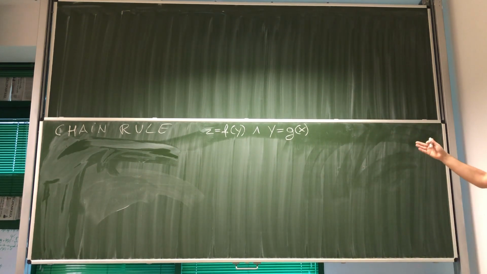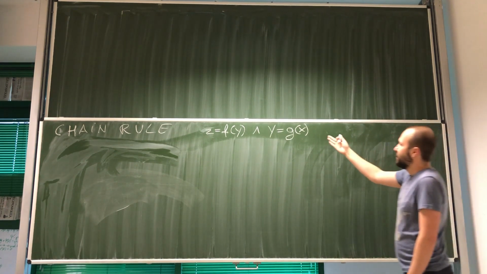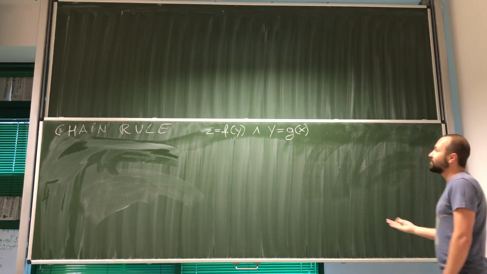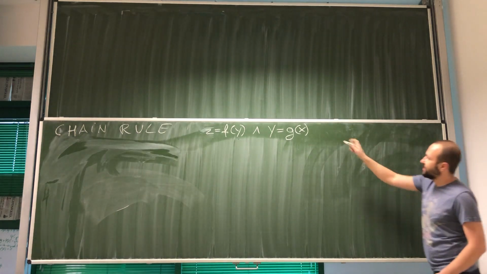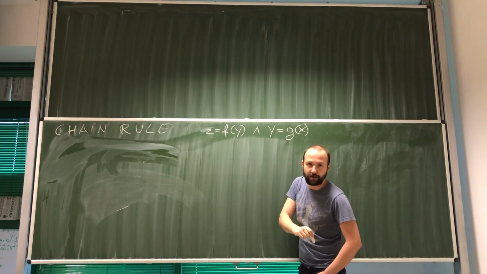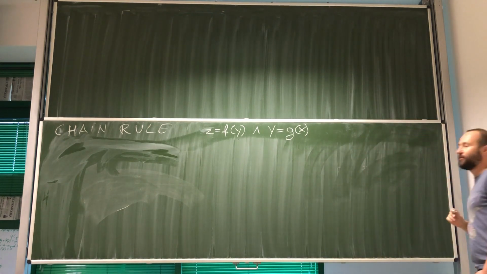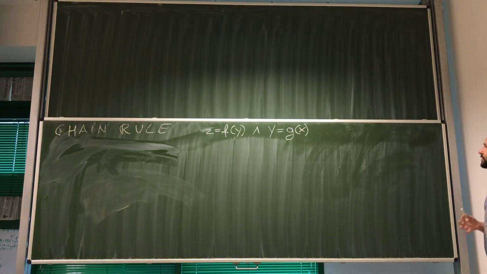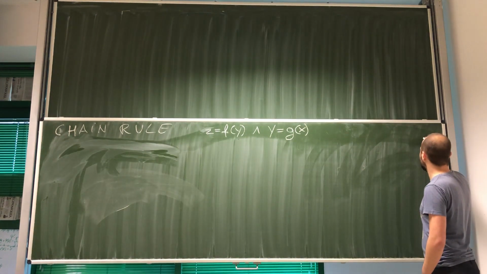But how can we do it as x is not appearing in this function? Well, actually, it is, right? Because I could substitute g of x inside of y over here. But instead of doing this, let's just analyze the chain of causality that is going to happen over here.